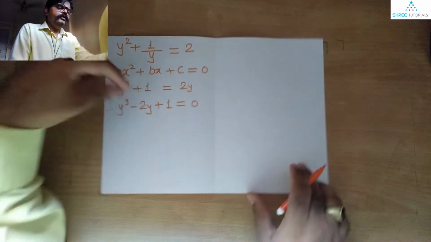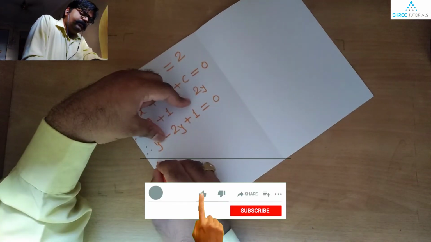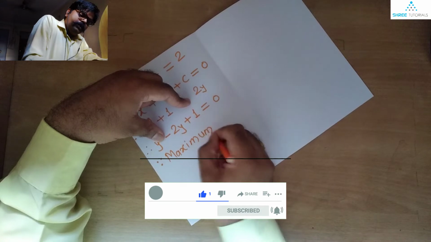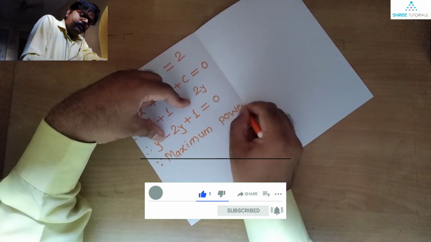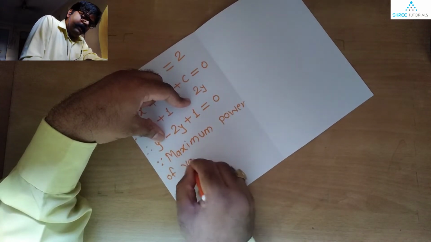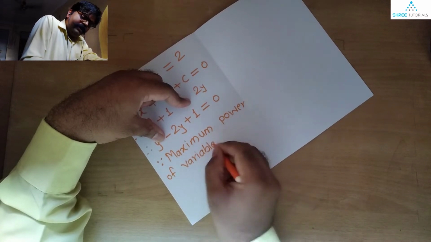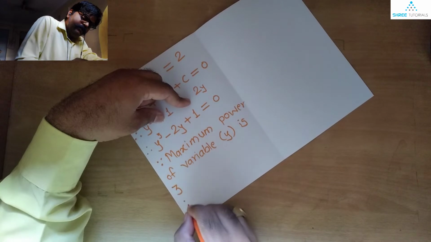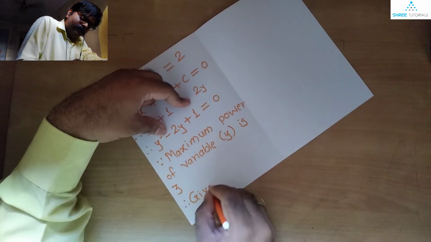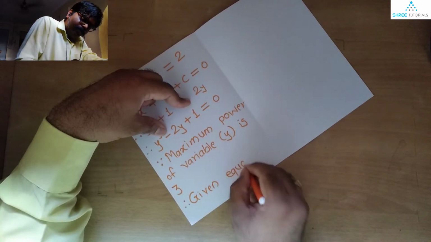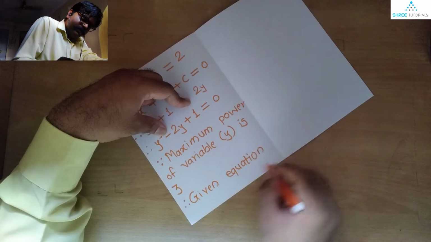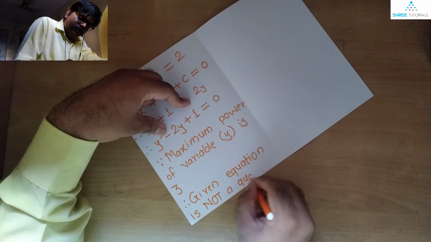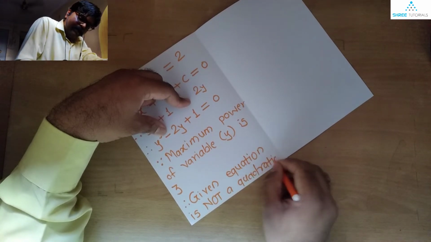So therefore we write: since the maximum power of the variable y is 3, the given equation is not a quadratic equation.